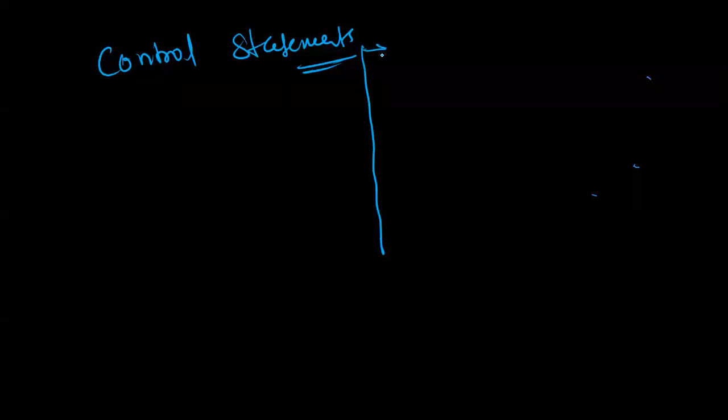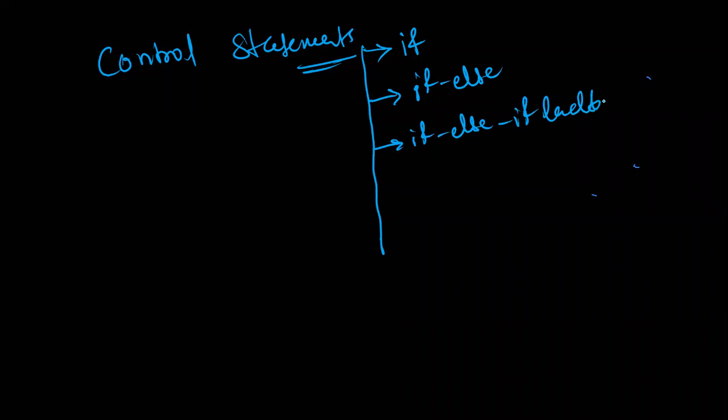I will list them out here. First control statement, simple if. Next, if else. Next, if else if ladder. Next, nested if. One by one we will discuss. Next, switch statement.